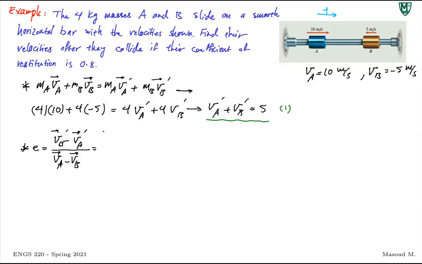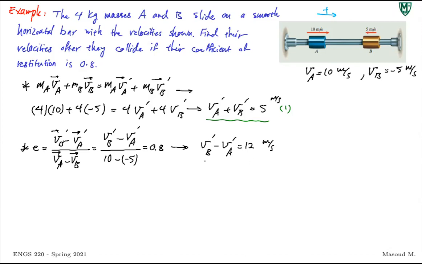So VB prime minus VA prime, we don't know what that is, that's something we want to find, over VA, which is 10, minus VB, which is minus 5, so minus minus 5, and this is equal to 0.8. If you simplify this, you get VB prime minus VA prime equal to 12 meters per second.